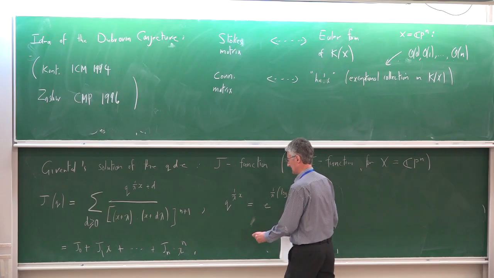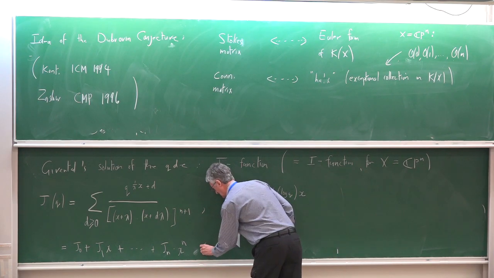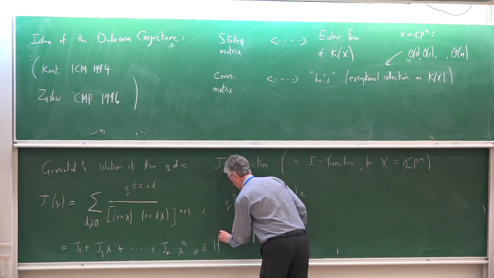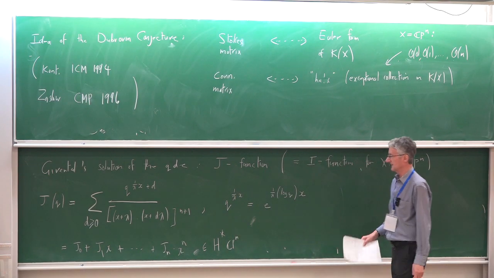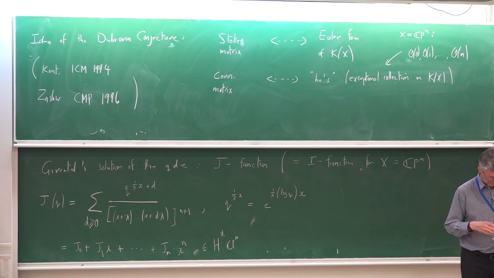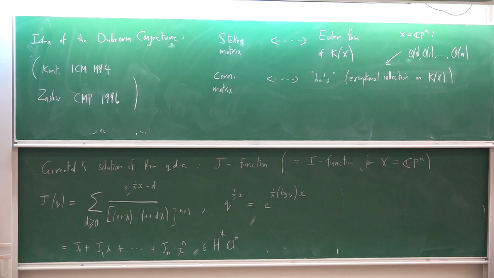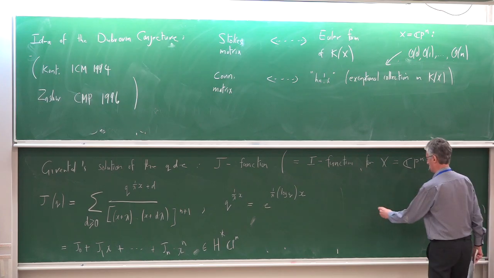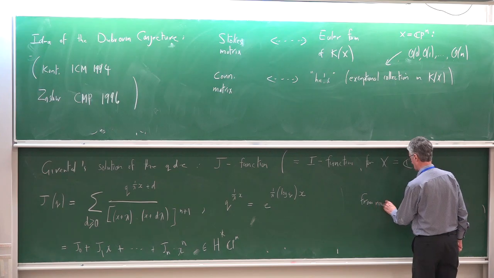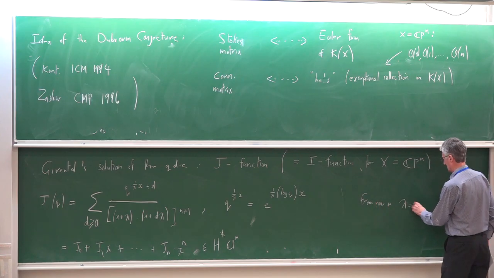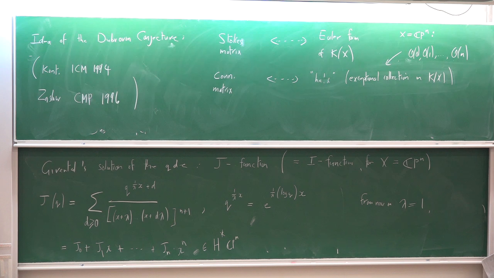But the nice thing is that we can regard this as cohomology valued. So it belongs to, it's a cohomology valued solution of the equation. That's what we think of. Yes, so now I will put lambda equals 1, because I won't need to use it today.